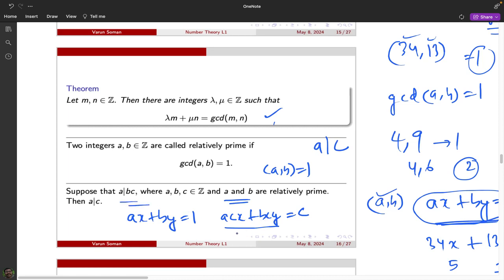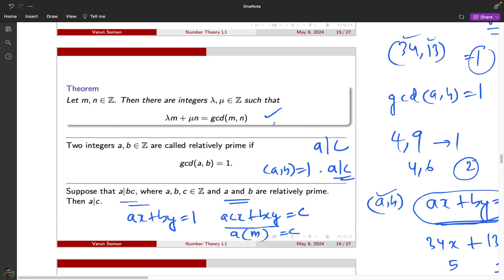That means bc is a multiple of a, so I can write a into something here. So the left hand side will be a into some multiple, which is equal to c. So you can see that a is a factor of c, or in other words a divides c. So a divides c, that's the case here.